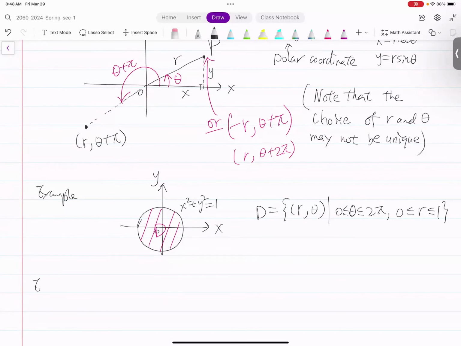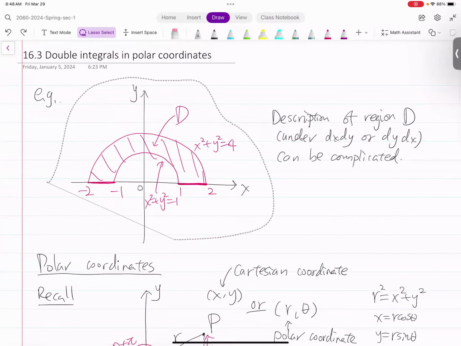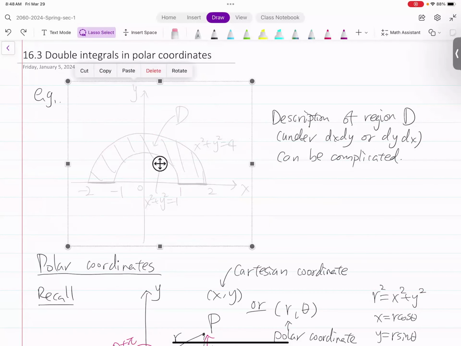Right, now let's look at the example that we had for the motivation of the section. So let me also cheat again by copying the picture down. So what happens if we have this kind of cut ring?